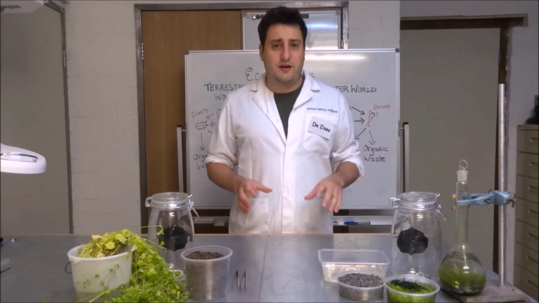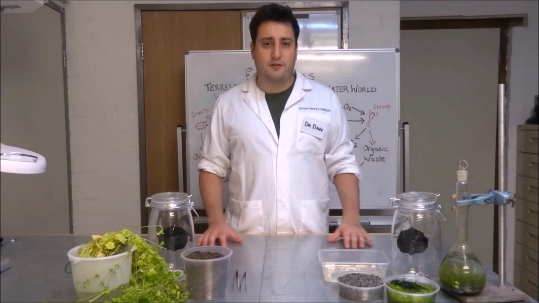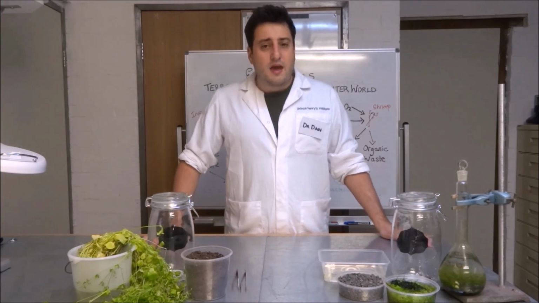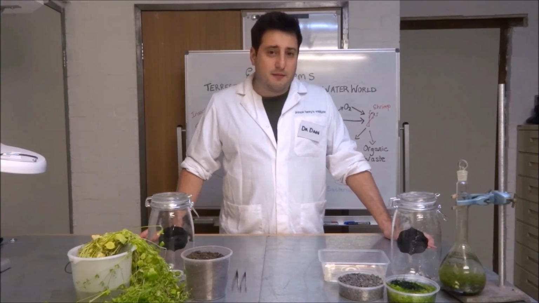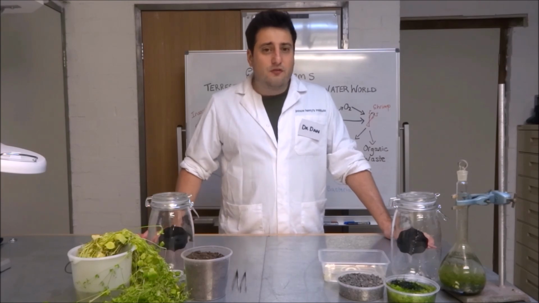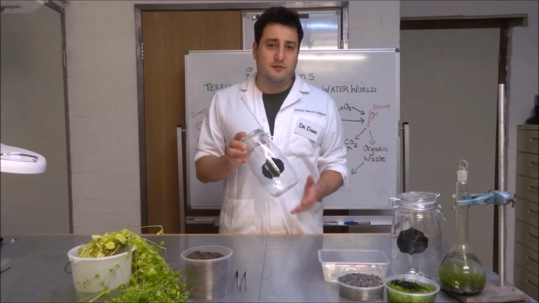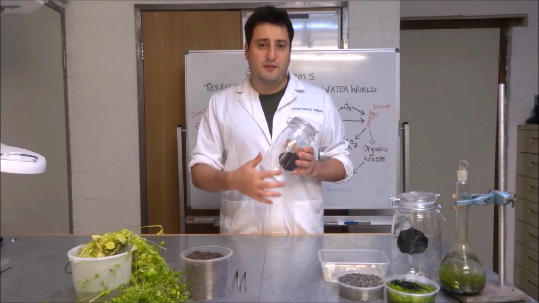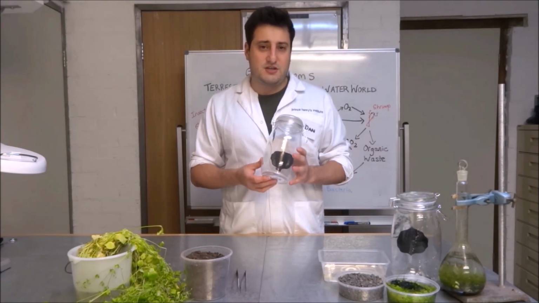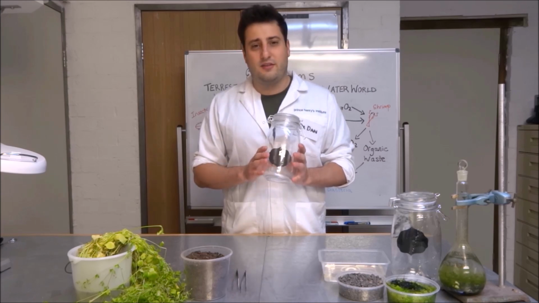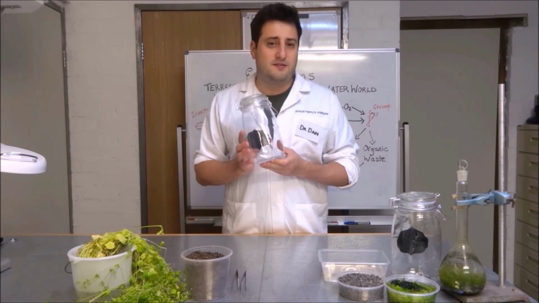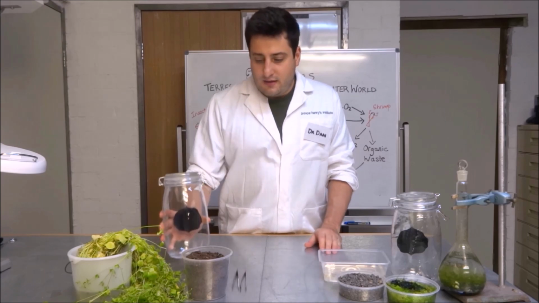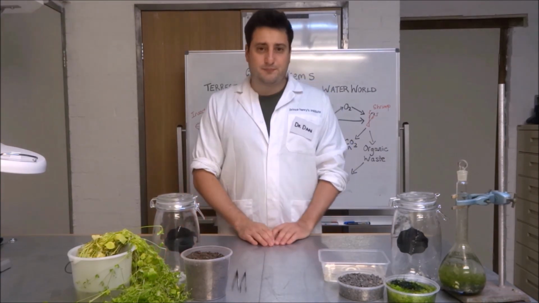So, these three players are very important to any ecosystem. If we get the balance right between the three players, there's no reason why any sealed ecosystem couldn't last forever. Everything the ecosystem needs is within the jar, except sunlight. So we need to make sure we place the jar in a well-lit area.